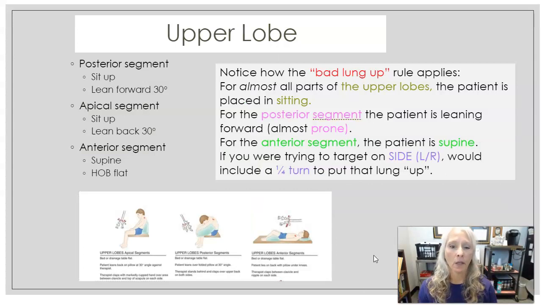Upper lobes, notice how, again, bad lung up rule applies. If it's the posterior segments, then they're in sitting, okay? And they're leaning forward. And let's see.